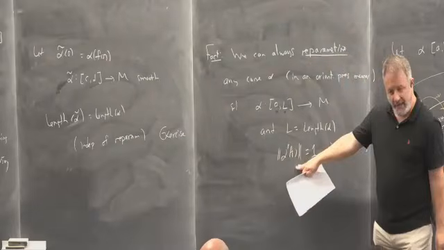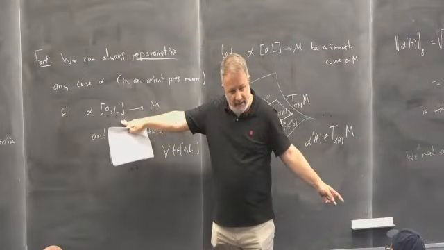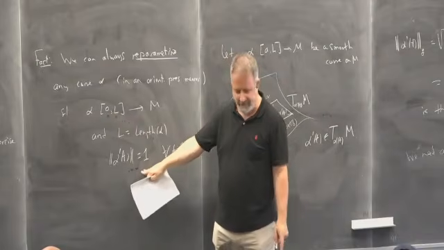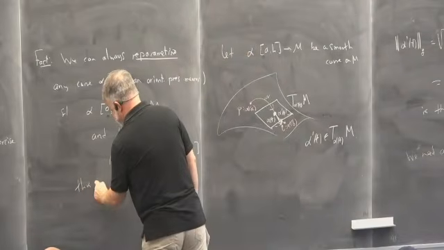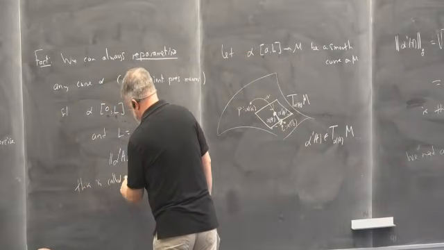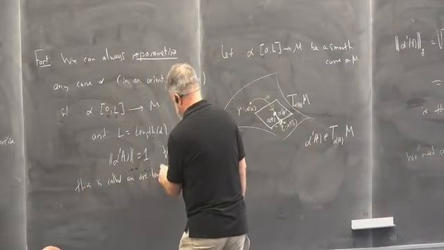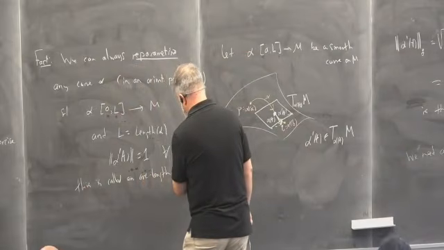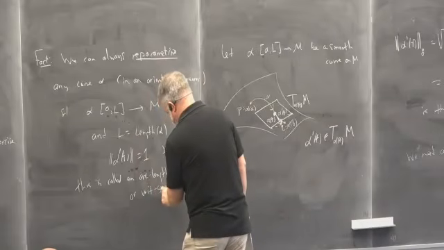So of course, if the speed is 1 for all t, integrating 1 from 0 to L gives us L, right? So L has to be the length of alpha if the speed is 1. And we can always do this. So this is called an arc length parametrization, or a unit speed parametrization.